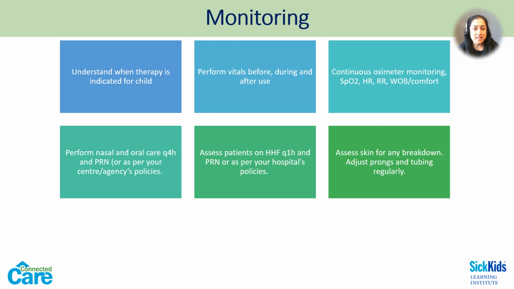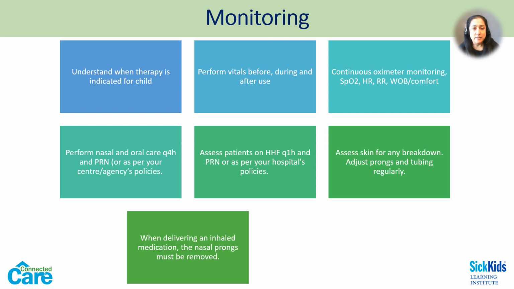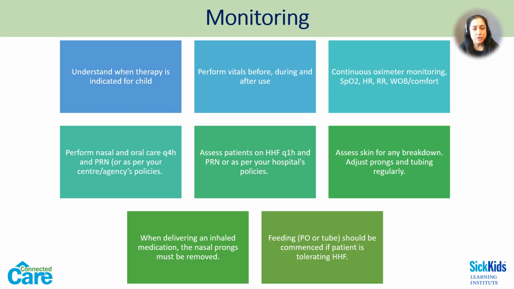Assess for skin breakdown, adjust the prongs and tubing regularly, reapply new wiggle pads as needed. And then when delivering inhaled medication, the nasal prongs must be removed. Normal saline nebulizers are not recommended as high flow is already humidified. And finally, feeding by mouth or tube should be commenced if the patient is tolerating heated high flow. This is also to be assessed per patient and adjusted as needed.